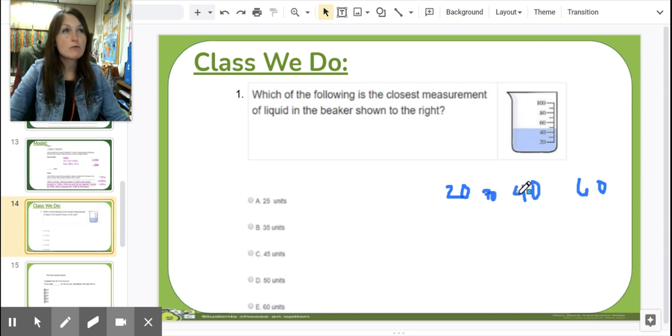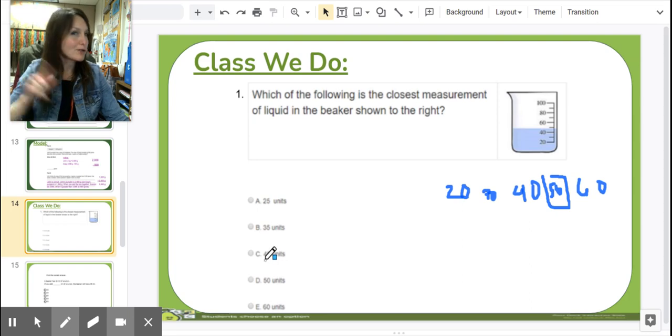What would be between 40 and 60? 50. It's 20, 30, 40, 50, 60. So this is going to be close to 50. Do you see an answer here that's close to 50? Do you think that would make the most sense?